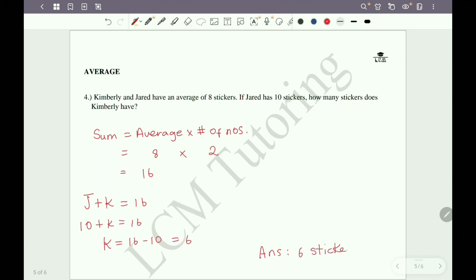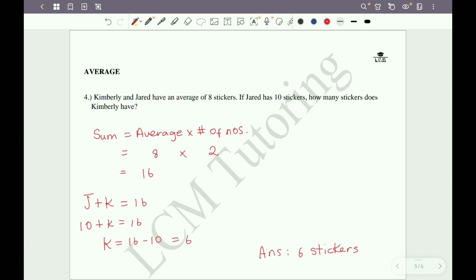So we just found Kimberly's number, knowing just Jared's number and their average. We found the sum from using the average and the number of people, or the number of numbers. And then we did a simple subtraction because that is the definition of sum, right? It's the total number of their stickers. So Jared plus Kimberly would have been equal to 16.